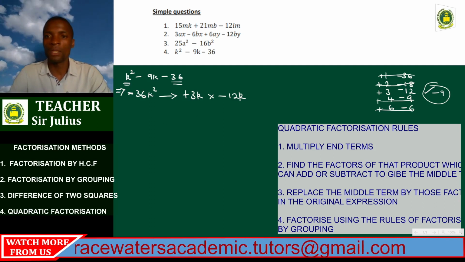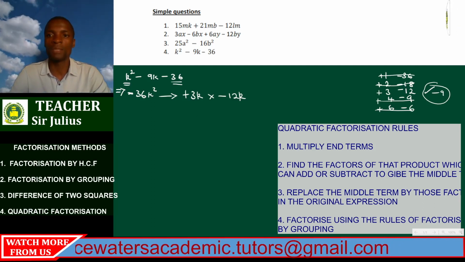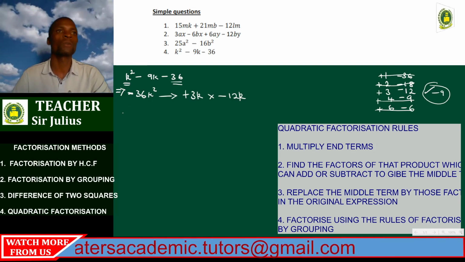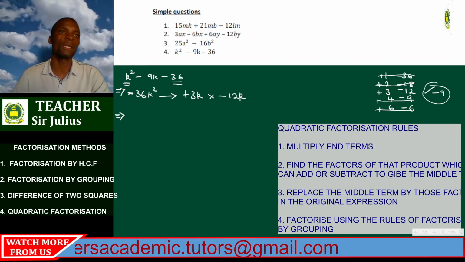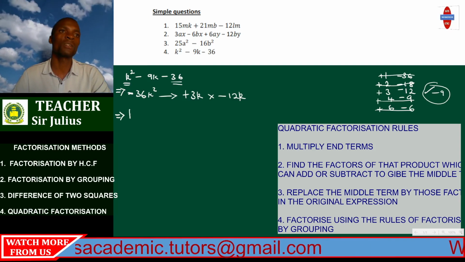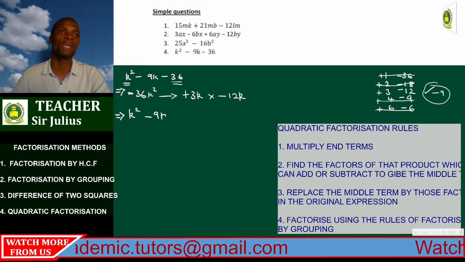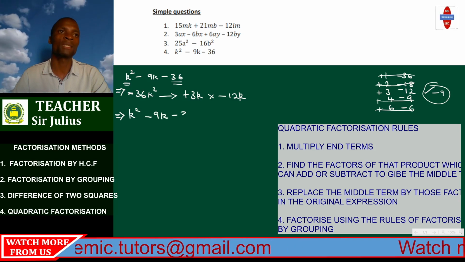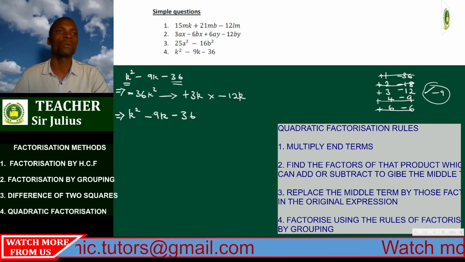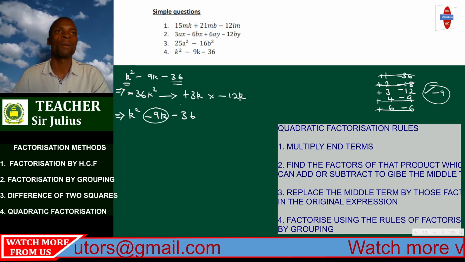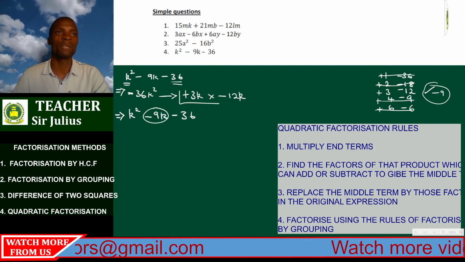Now, the third one is saying replace the middle term by those factors in the original expression. The original expression reads k squared minus 9k and then minus 36. But the rule is saying we are going to replace this middle term by the factors we have found.